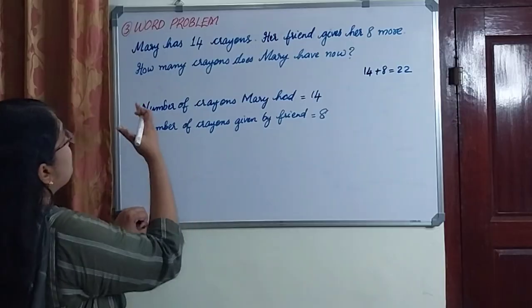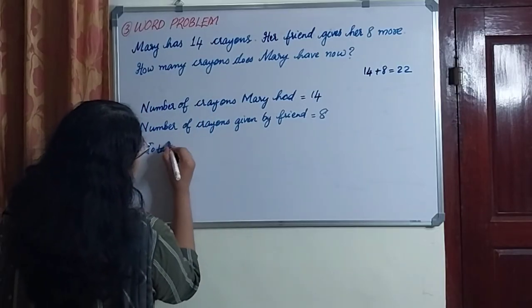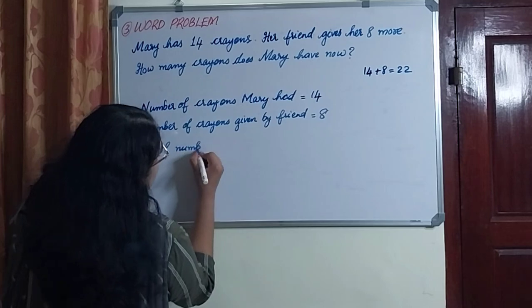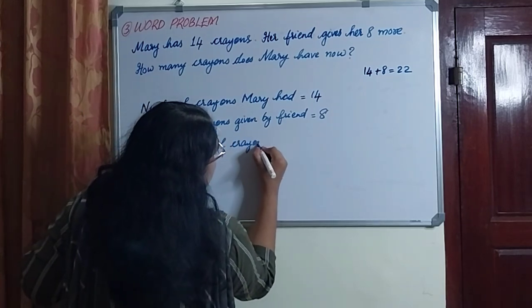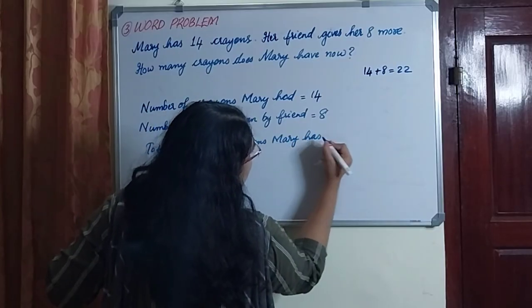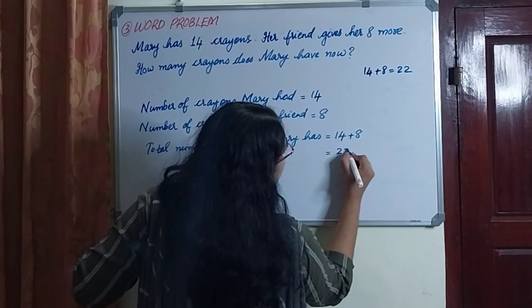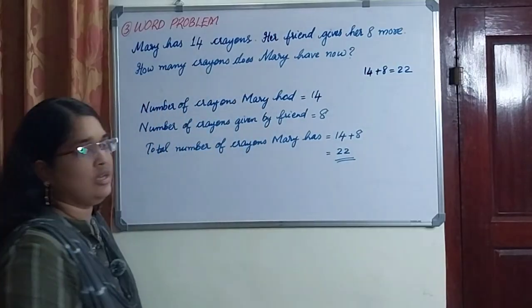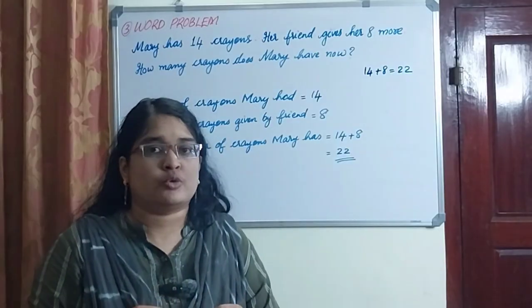The next step is total number of crayons. Total number of crayons Mary has. We have to show addition. 22. Okay. Like this, we can write steps for any word problem.